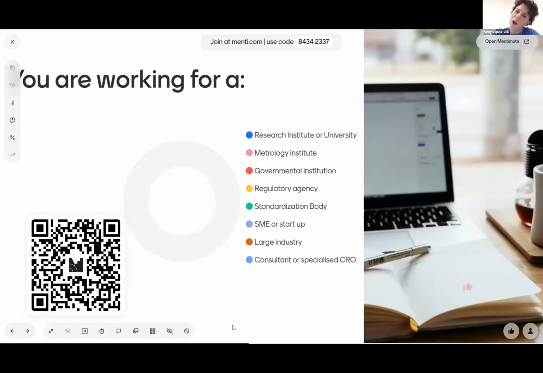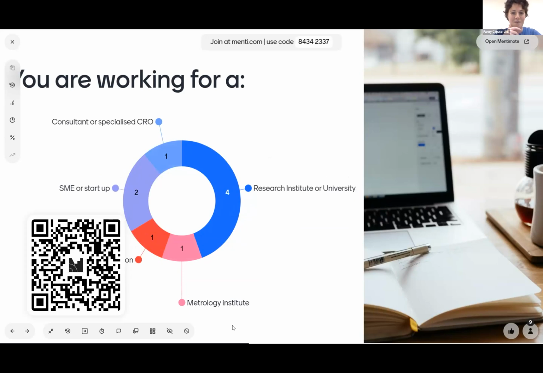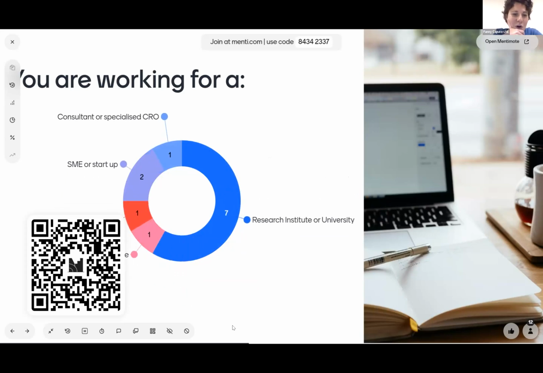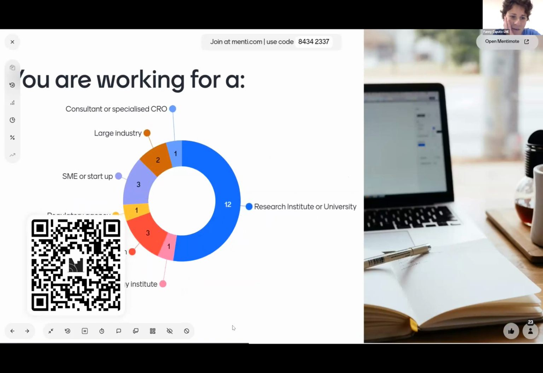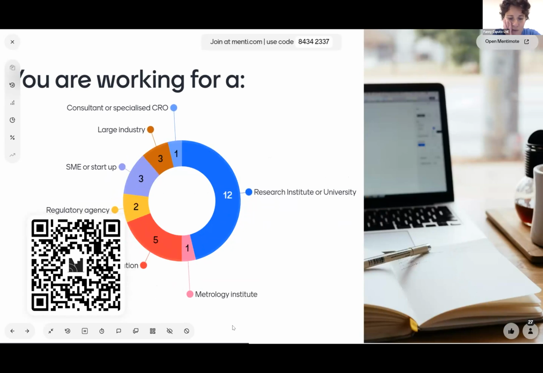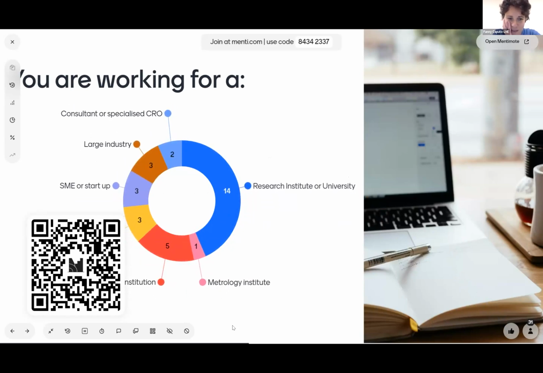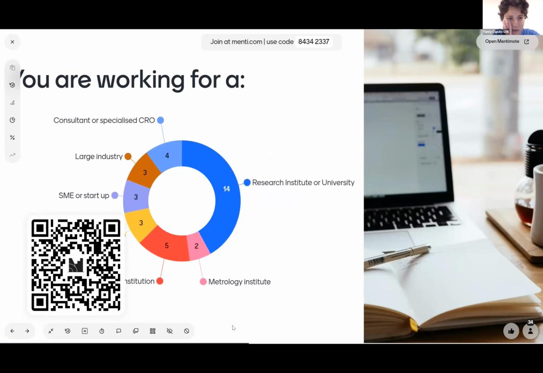The first one is a very simple question. What institution are you working for? It's just to be sure that everyone is well connected and everything is working. So universities, but also industry, SMEs, regulatory agencies, CROs, metrology institutes. Let's see what we have.